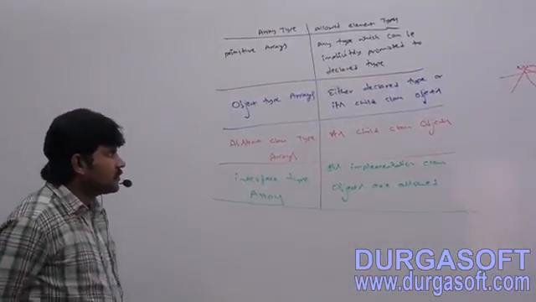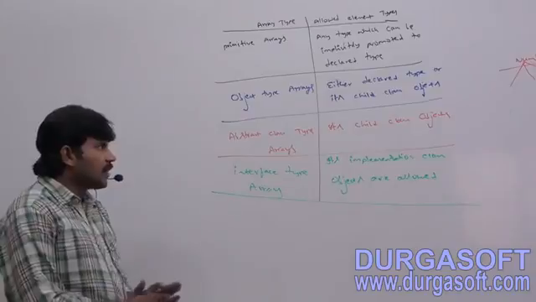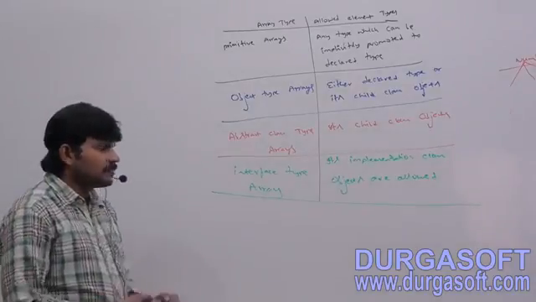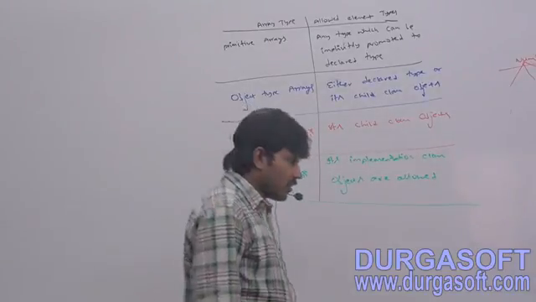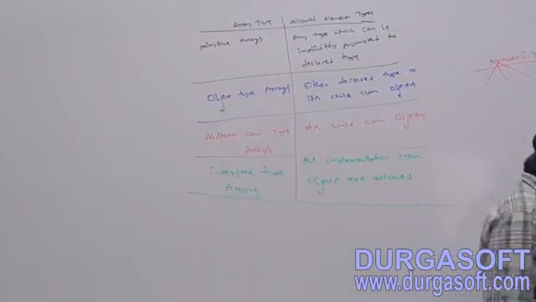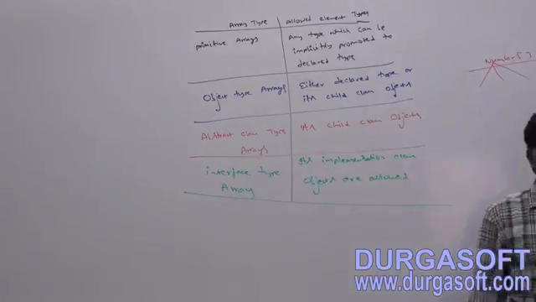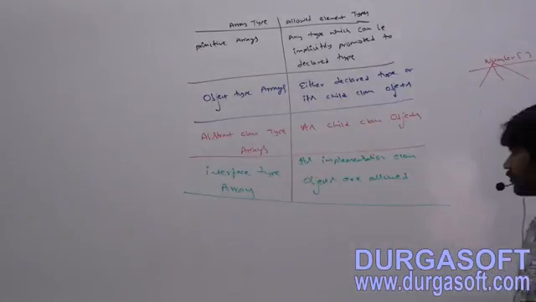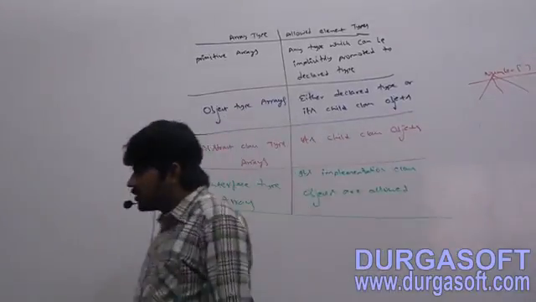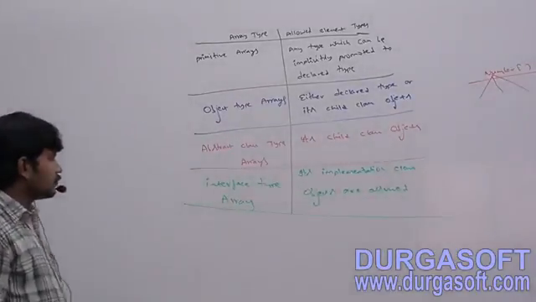Object type arrays: either the declared type or its child class objects. Next, abstract class type arrays: child class objects are allowed.